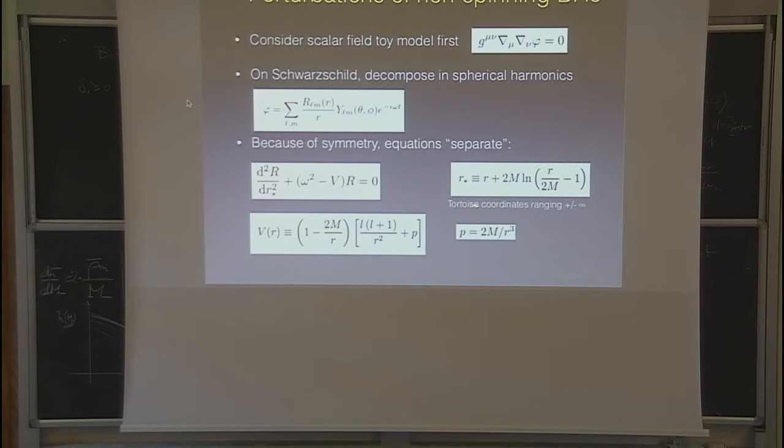Those of you who have seen the Schwarzschild metric and geodesics will remember that the tortoise coordinate is very convenient to study the causal structure of Schwarzschild spacetimes. It ranges from minus infinity at the event horizon to plus infinity. This derivative is with respect to radius.